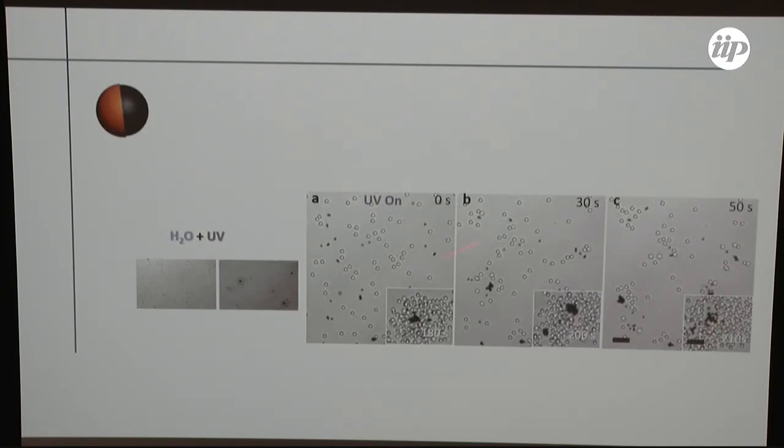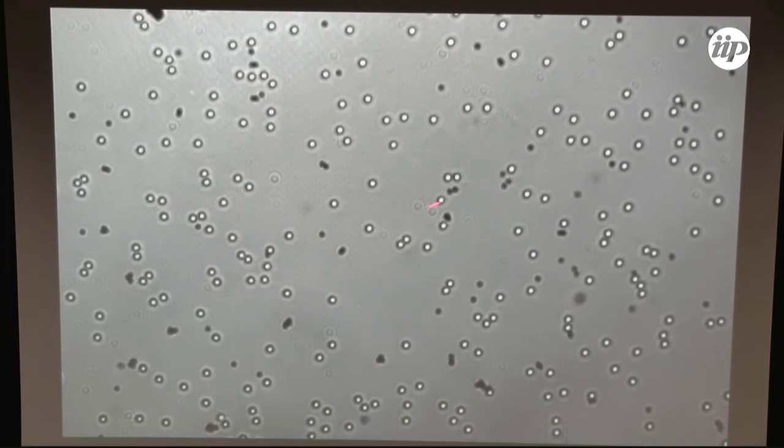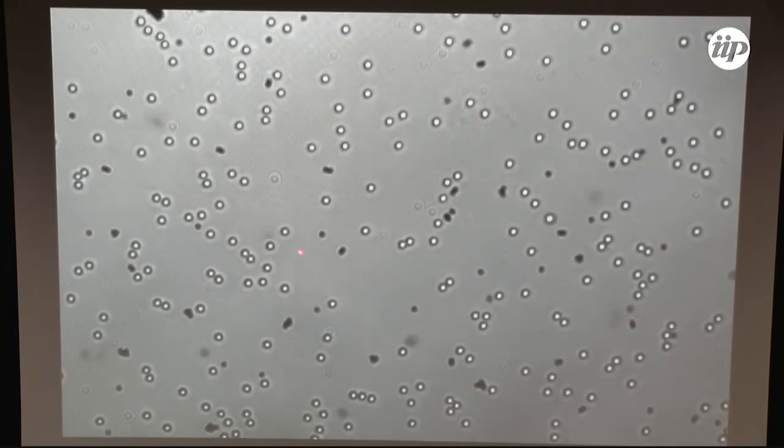And then what we've been doing is we have probed the fields that are formed around our particles by adding simple passive particles. And what you see is that in the different conditions, they do interact very differently. So if we turn on the UV light here, this is in water, we see that our particles do move, but they don't want to know much about the passive ones.